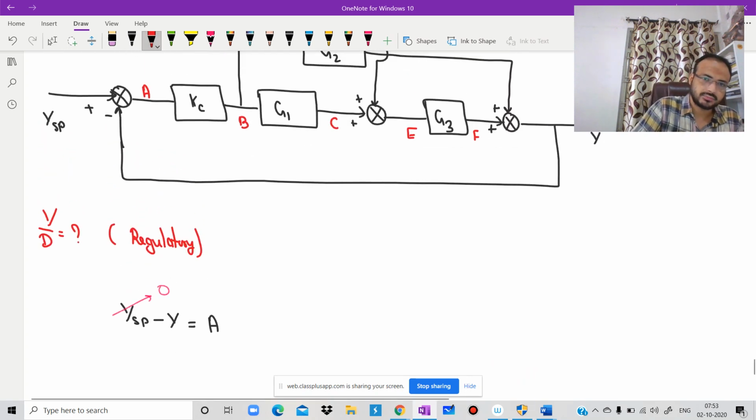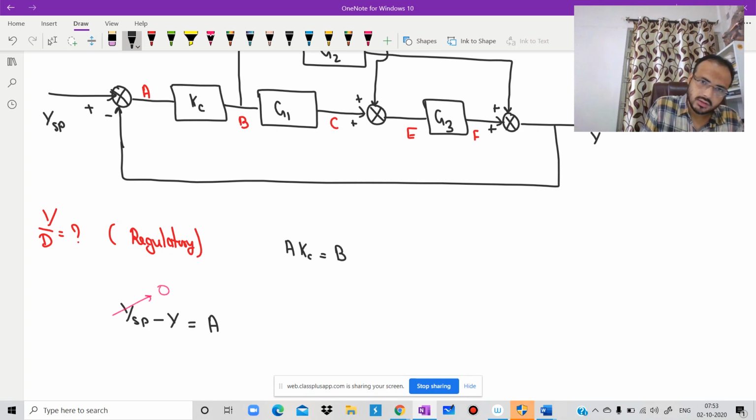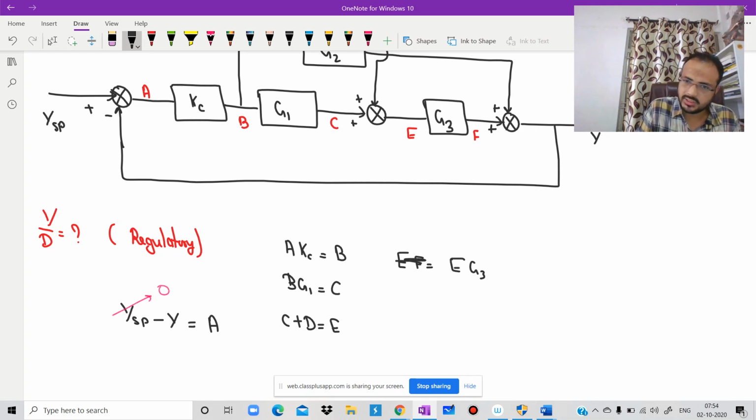Second one, A into Kc is equal to B. B into G1 is equal to C. And we can write C plus D is equal to E. E into G3 is equal to F.